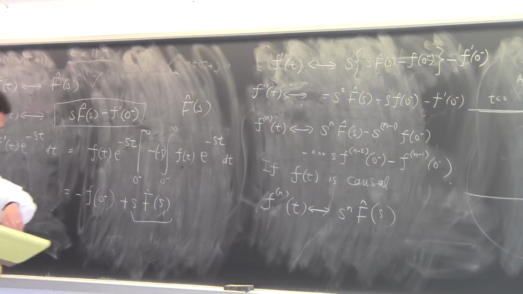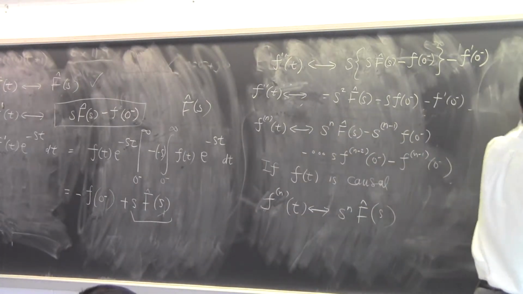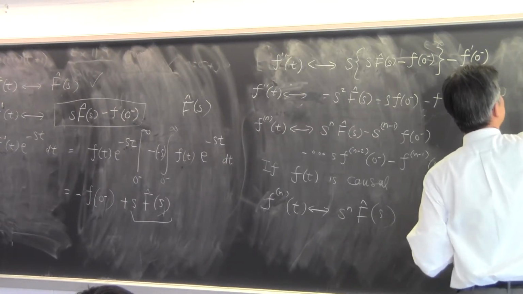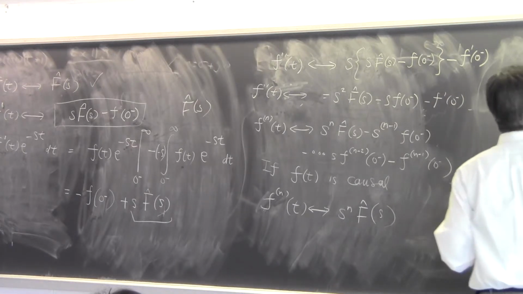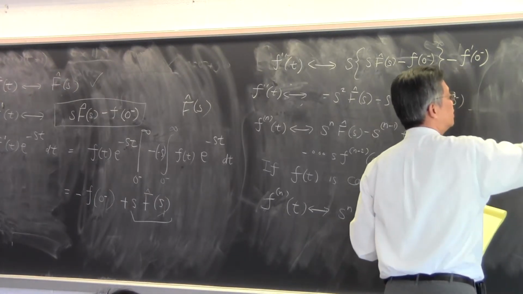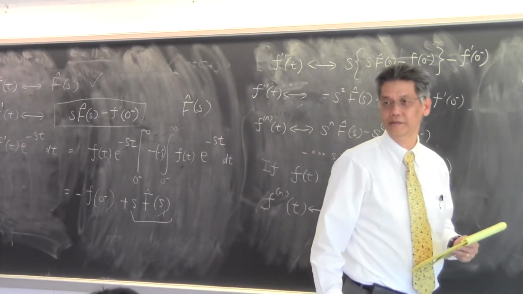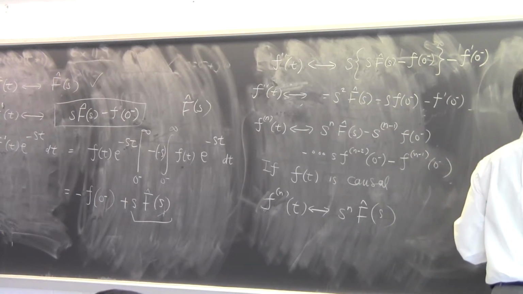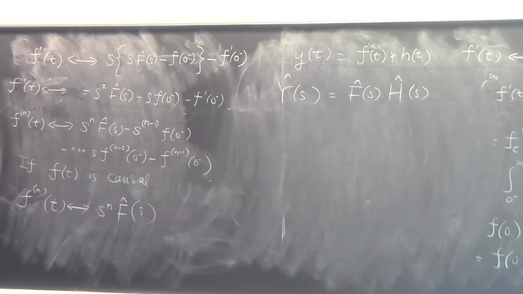And of course, there's this convolution property that I derived before, but I hope I don't have to derive it again, which is that if y of t equals f of t convolved with h of t, then y hat of s is equal to what? It is f hat of s times h hat of s.